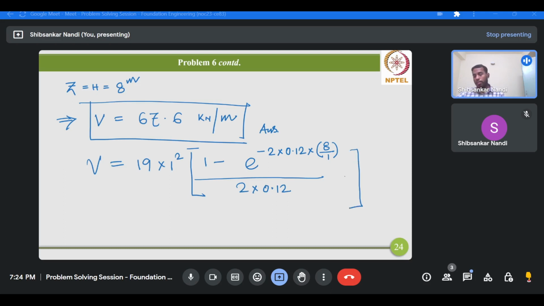So if you calculate this expression, you will get the required V as 67.6 kilonewton per meter.